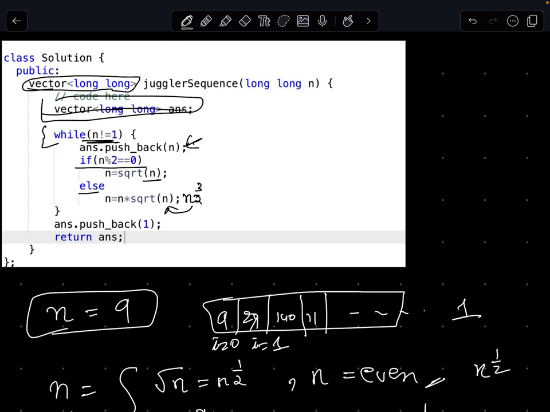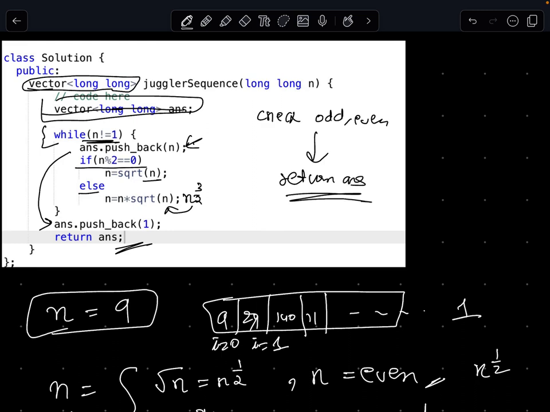When the while loop reaches 1, we push back 1, and this is how we return the answer. So it was a two line answer only: check odd or even, use the formula and return the answer.